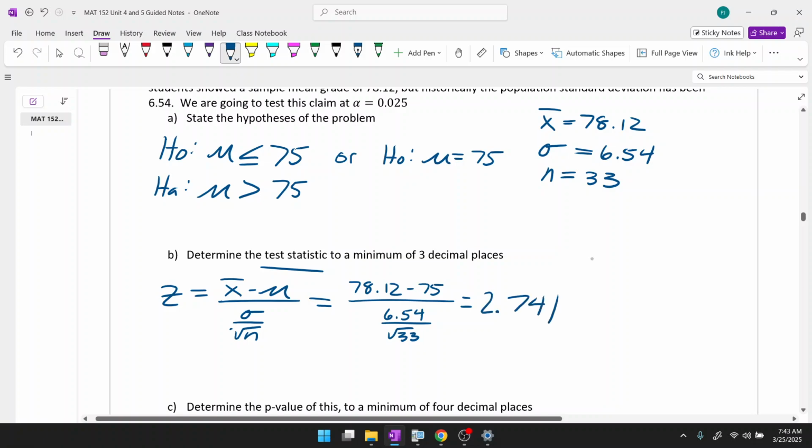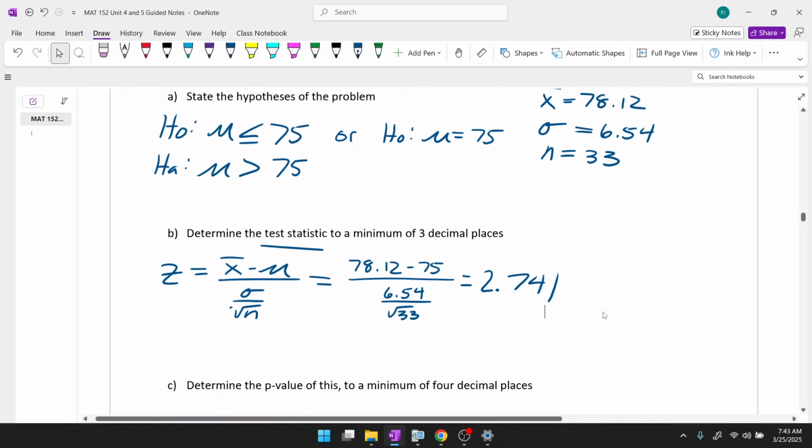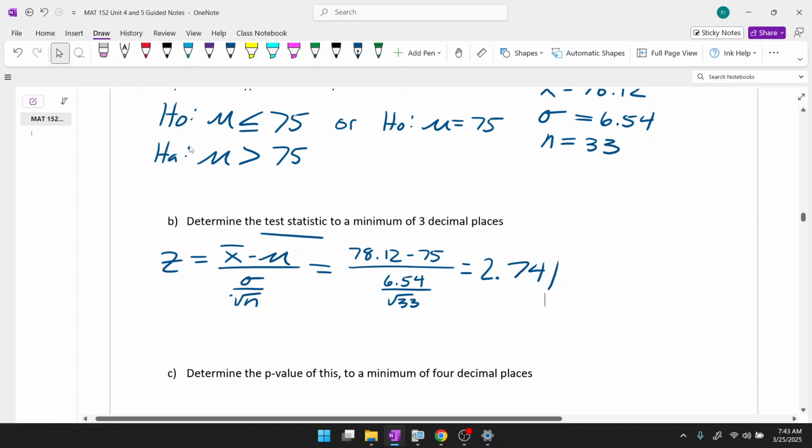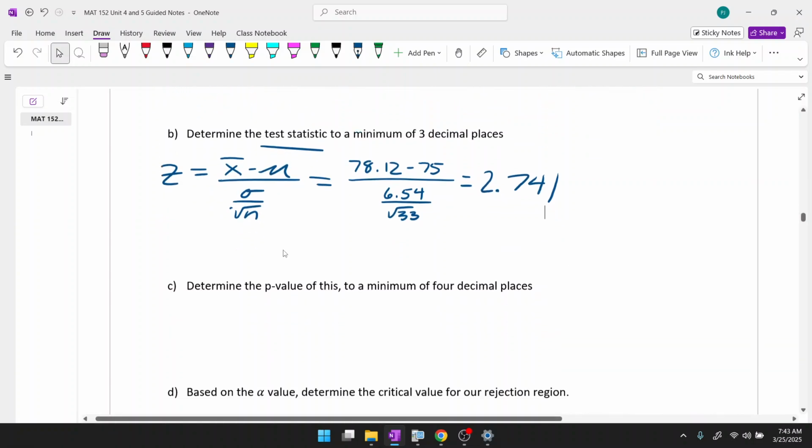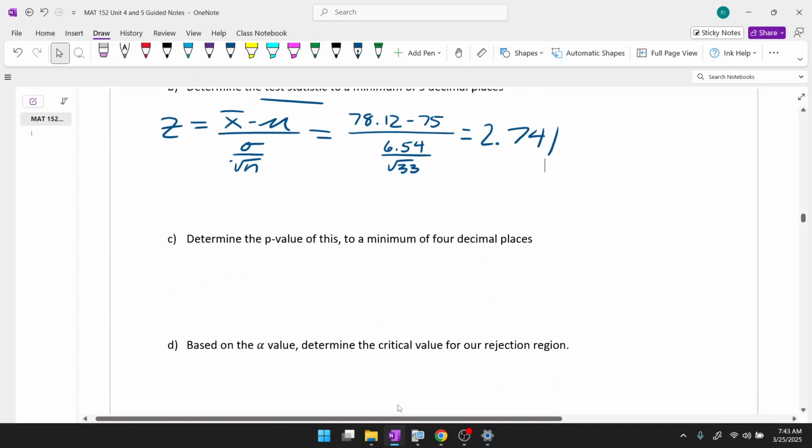So 3 decimal places is always the rule of thumb for a standardized test statistic here, 2.741. We also knew it was going to be positive because the alternative showed greater than. So now we're going to do the p-value for this.